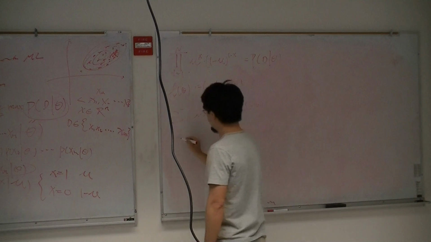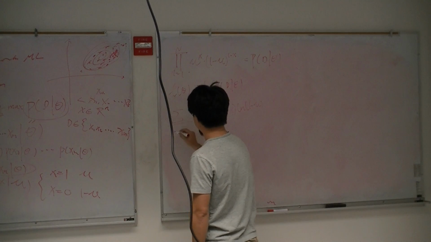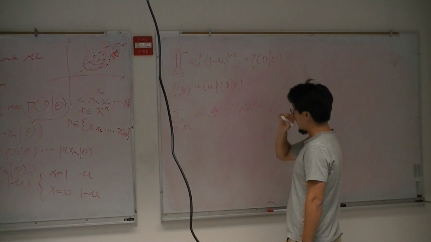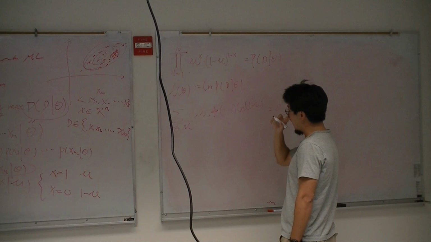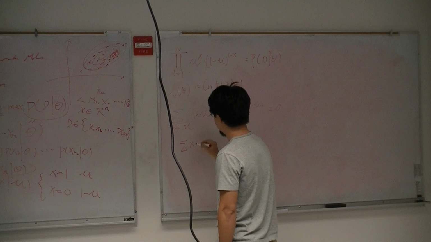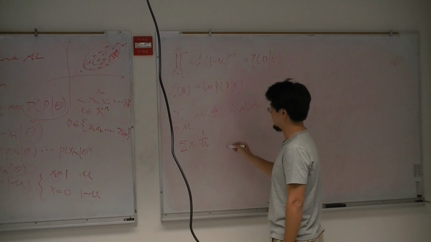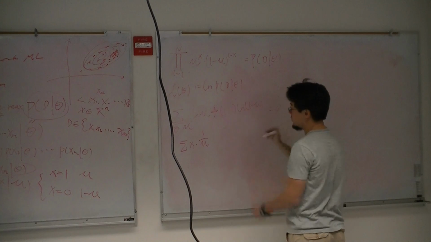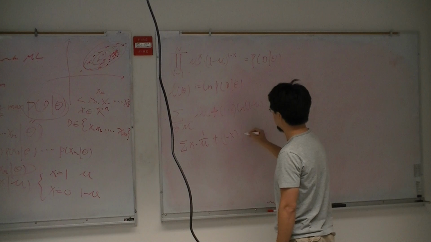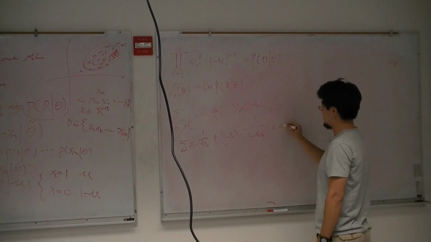If we take the derivative of this function of mu and set it to 0, the derivative for mu becomes this form, plus (1 minus x) over (1 minus mu), set that to 0.